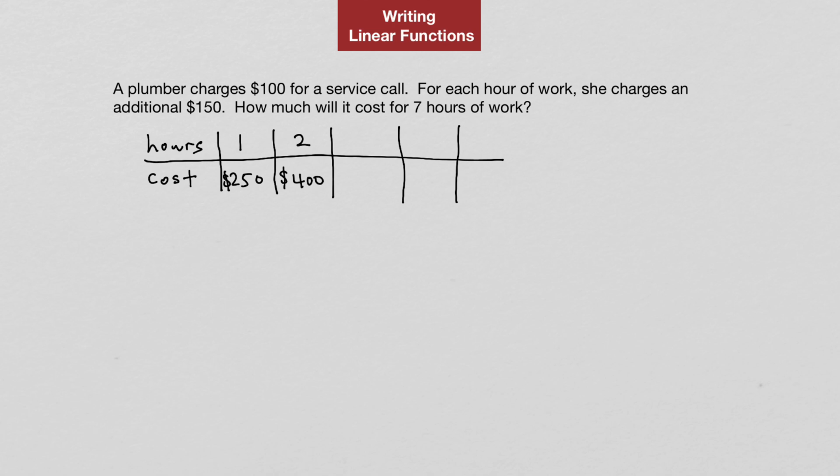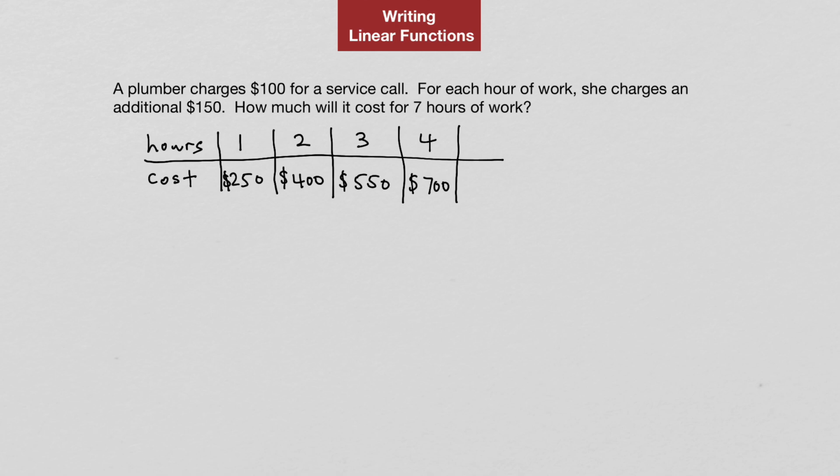And then for 3 hours of work, we would just tack on the hourly fee, which is another $150. And so that becomes $550. And then for 4 hours of work, we would do the same, tack on the hourly fee of $150, which would give us a total of $700.